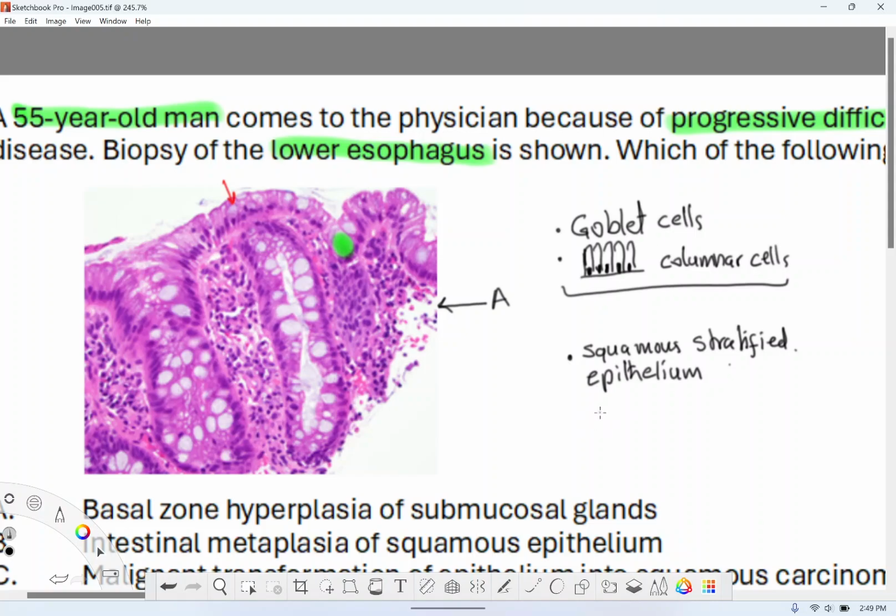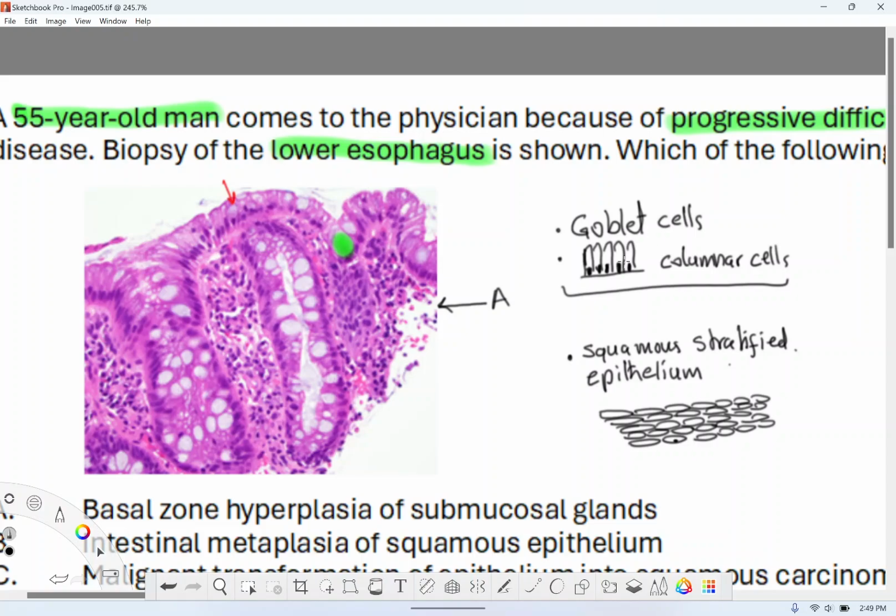If I were to draw it, they'd be flat cells like this, not tall cells. Flat cells, and multiple layers of them. Stratified means layers. I'll show you a biopsy picture later on, but for now, look at the difference: these flat cells compared to the tall cells.